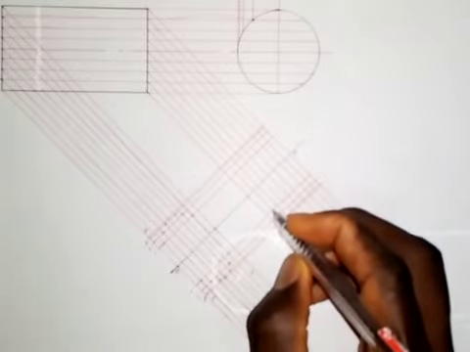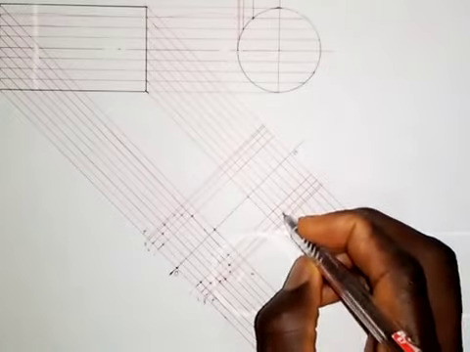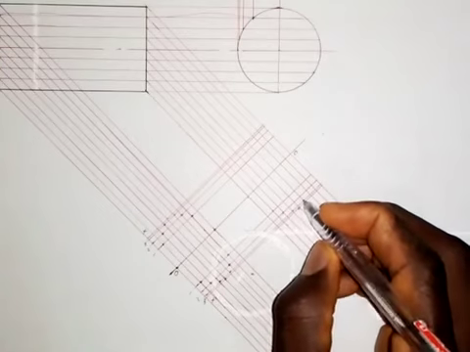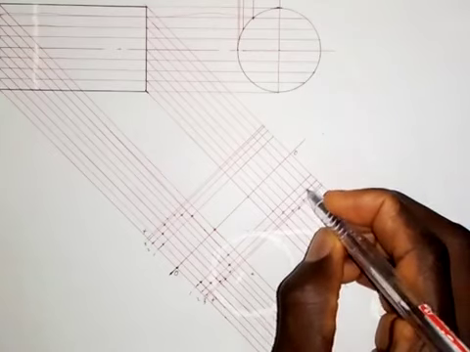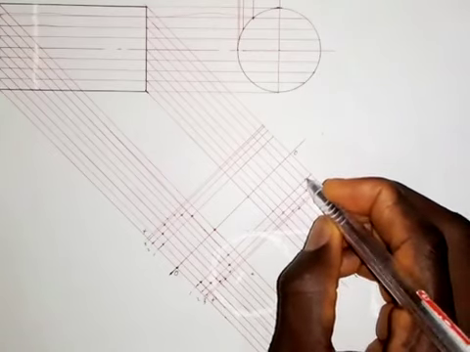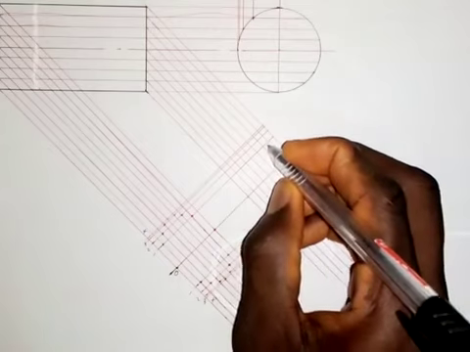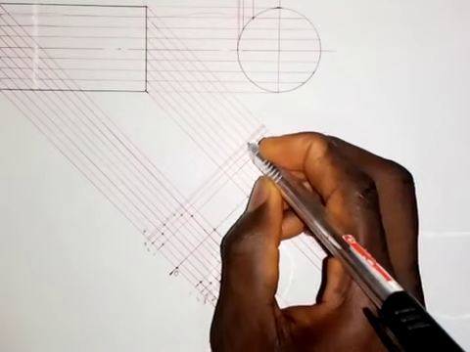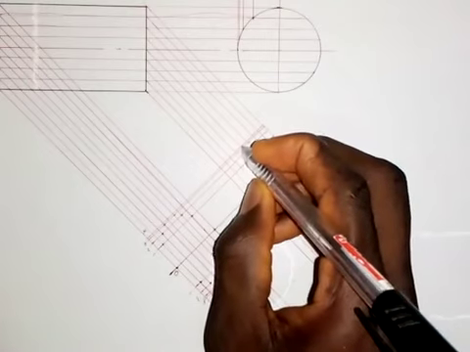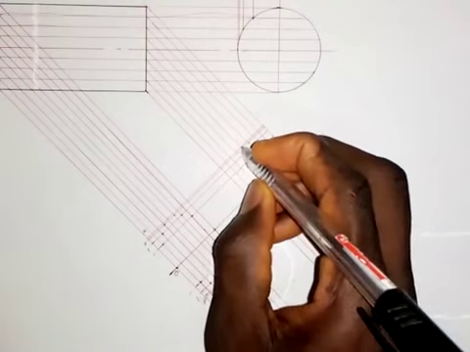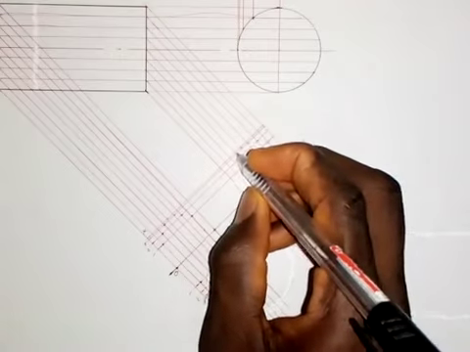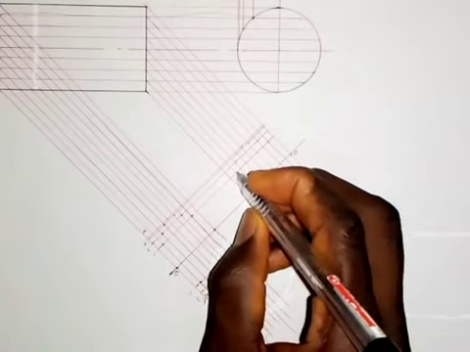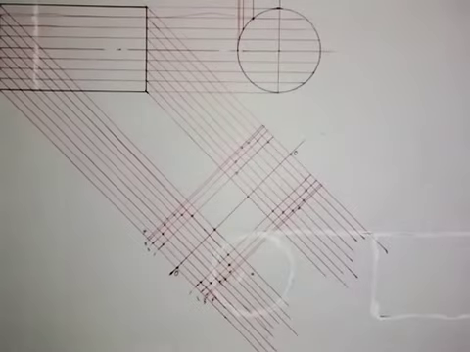So this is 1, this is 2, this is 3, and this is 4. Then this is 3, 2, 1, 0. This is 1, this is 2, this is 3, this is 4, then we have 3, we have 2, and then we have 1 here. So all these points will be joined together with the use of a French curve.